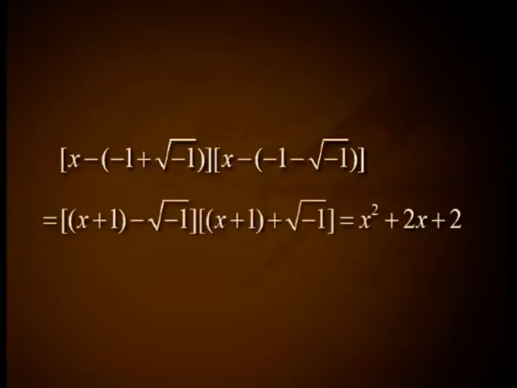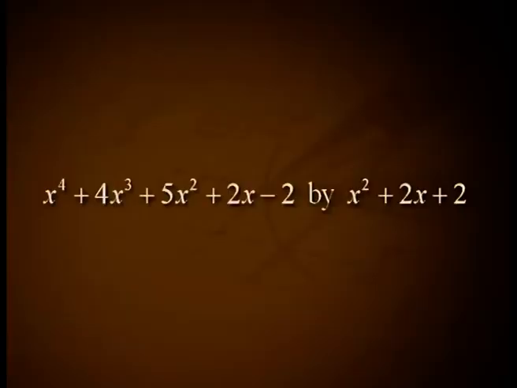By theorem 5, the root -1 + √-1 occurs with its conjugate -1 - √-1, hence (x - (-1 + √-1))(x - (-1 - √-1)) = (x + 1 - √-1)(x + 1 + √-1) = x² + 2x + 2 is a factor of the given polynomial. Dividing x⁴ + 4x³ + 5x² + 2x - 2 by x² + 2x + 2, we obtain the factor x² + 2x - 1.